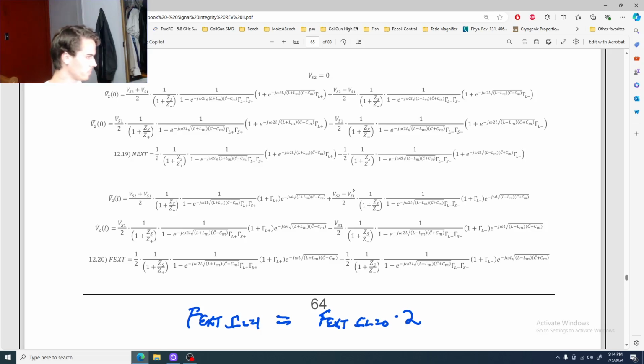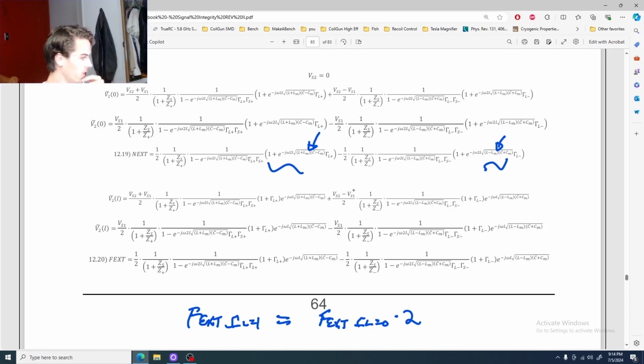Now we will do the near end crosstalk. We make the same assumption as before, that the source reflection coefficient is 0, and we look at the case right here. If the load reflection coefficient is 0, then we don't get this term right here and we don't get this term right here, and these two terms go to 1.